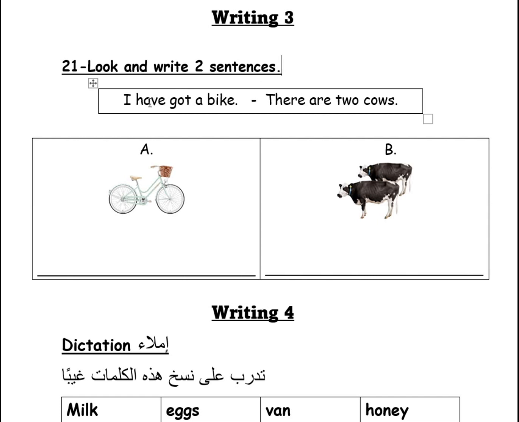All you have to do is to write each sentence under the correct picture. Let's read the sentences. I have got a bike. There are 2 cows. So I have got a bike goes here. Of course, you have to write it with a nice handwriting.